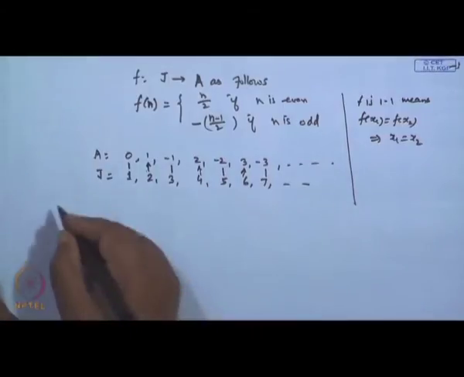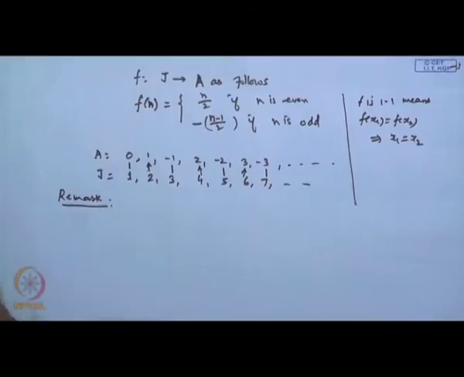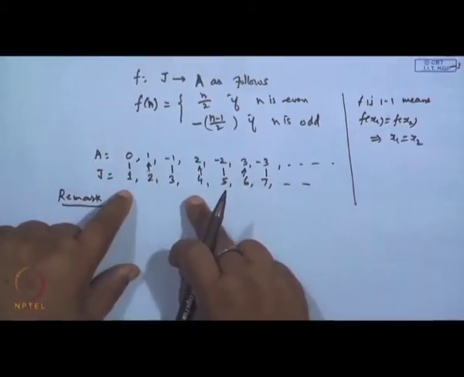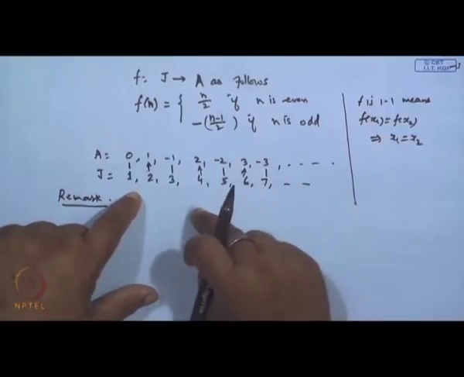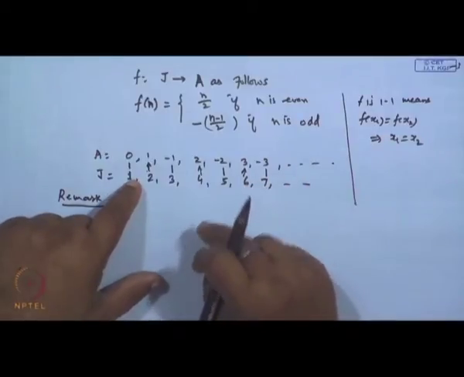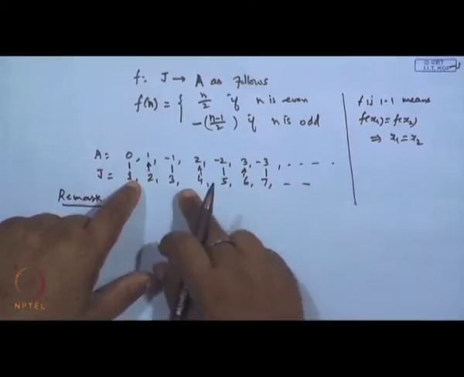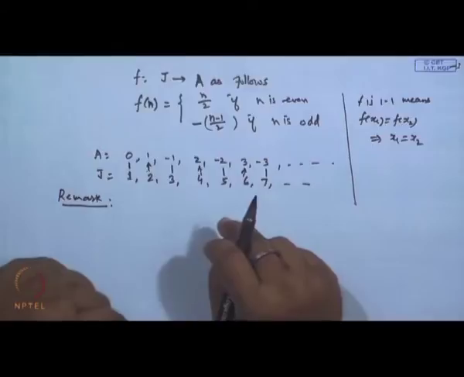One more thing which we can see here is a remark. What we have seen is that A is the set of integers, but J is the set of positive integers. J is a proper subset of A, but they have a 1-to-1 correspondence. So, what we observe here is that in case of an infinite set, a proper subset may be equivalent to the set itself.